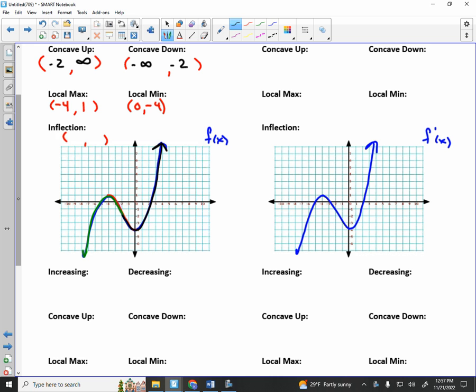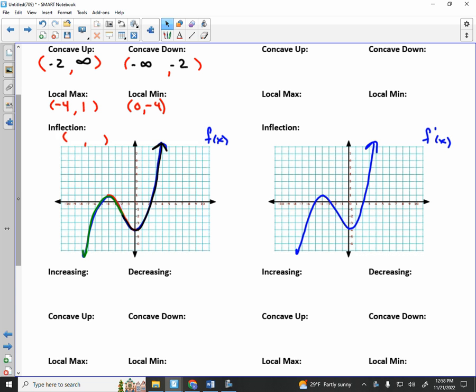The point of inflection is where it changes concavity. And if I can demonstrate here by just simply using this pencil, notice what's happening to the slope of this line as I continue to move along. What's happening to the slope?